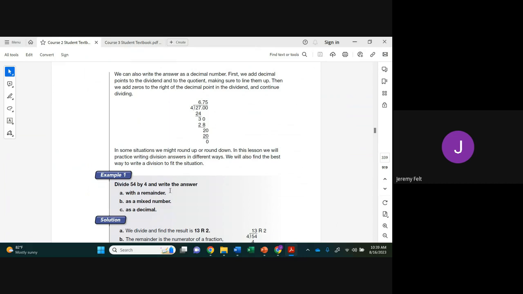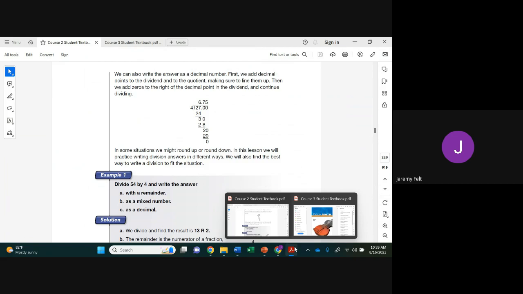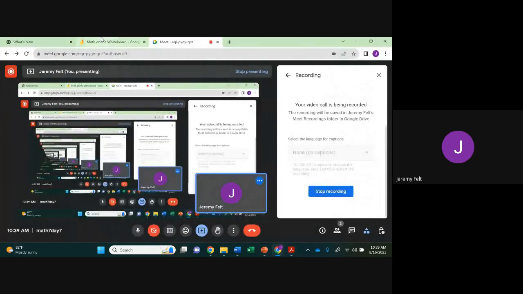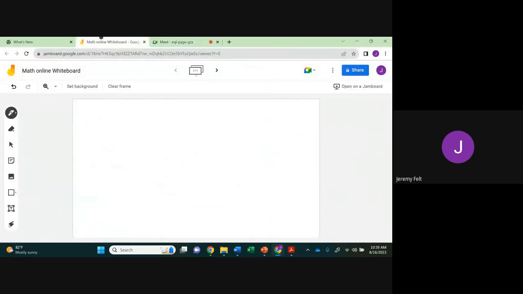Okay, so if we have 54 divided by 4, well, 4 goes into 5 once, with 1 left over, goes into 14 3 times, with, that would be 12, so there would be 2 left over.